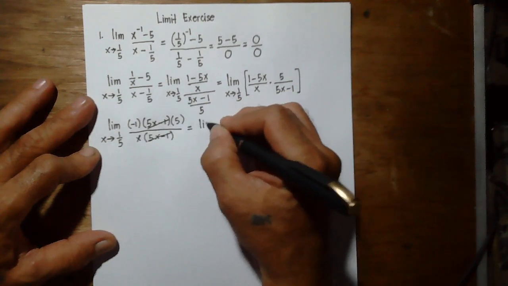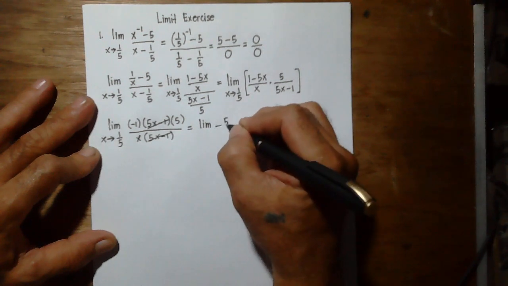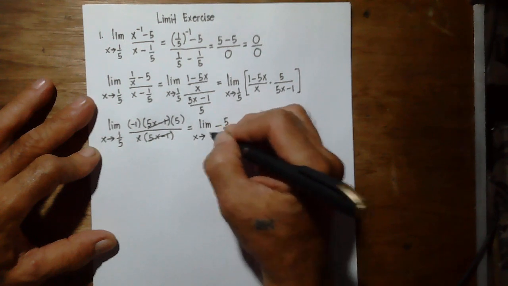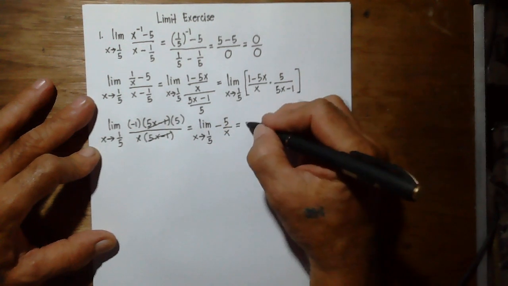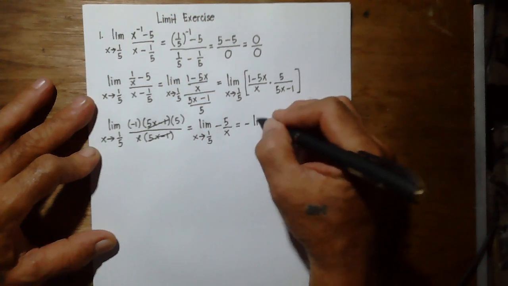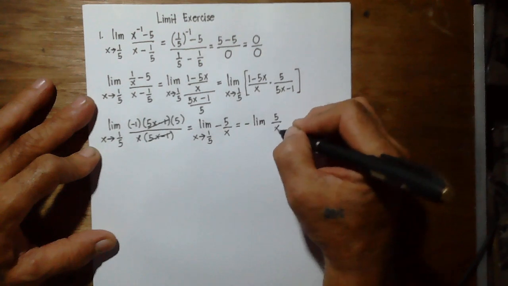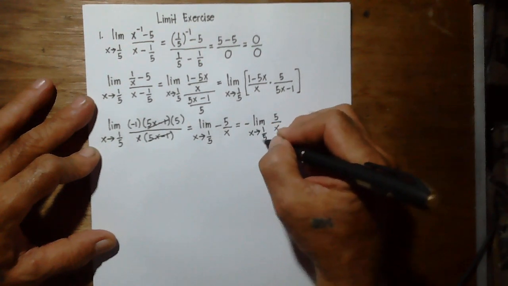So we have a negative of 5 over x as x approaches 1 over 5. Rewriting this limit function, we have the negative of the limit of 5 over x as x approaches 1 over 5.